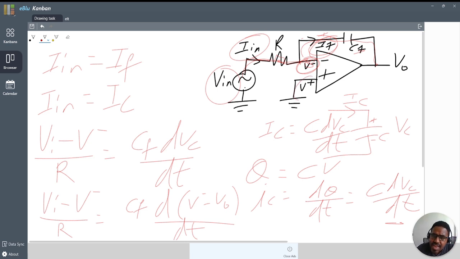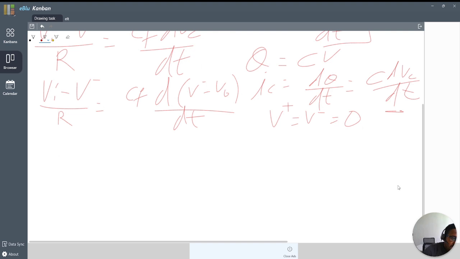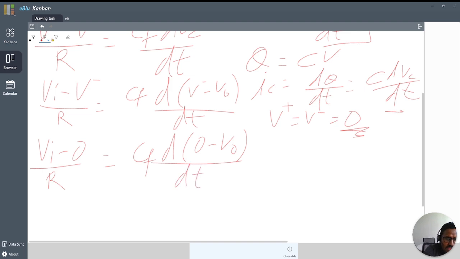As you know, the non-inverting terminal of the op-amp is grounded. So V non-inverting becomes 0 because it is grounded. By the rules of op-amp circuit analysis, V non-inverting equals V inverting. This becomes 0, so we replace V inverting by 0. So V in minus 0 over R equals C F, the feedback capacitor, times d of 0 minus V out over d of t.